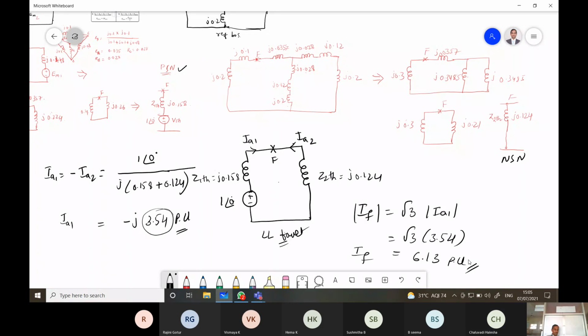So in the problem, he has given a double line fault takes place at HT side of transformer 3. Right, double line fault. So sequence network for double line fault is this one. According to that, the IA1 and IA2 are calculated. From that the fault current is calculated, that is root 3 times of IA1.